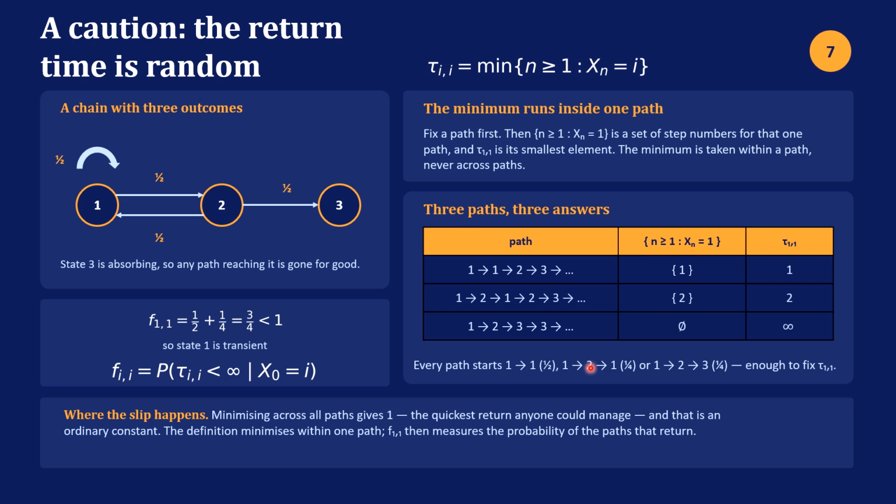And then there's the 1, 2, 1 pattern for the path, like this one here. And once you go through those first three states, which is probability 1/4, it's 1/2 times 1/2, there you get 2. And then the third pattern is 1, 2, 3. That happens with probability 1/4. And in that case, you have an infinite value for your tau.